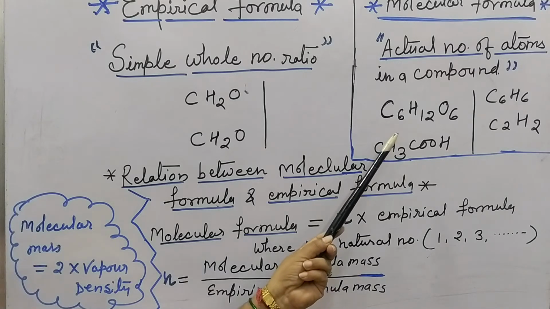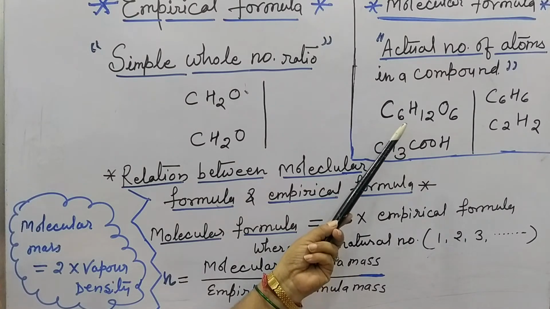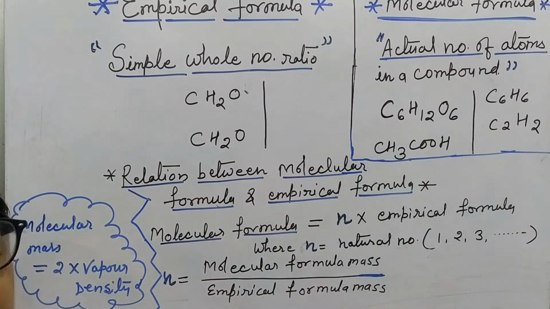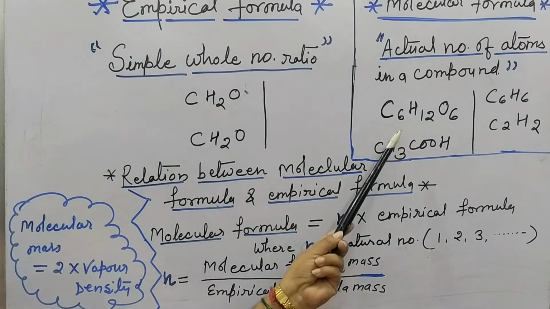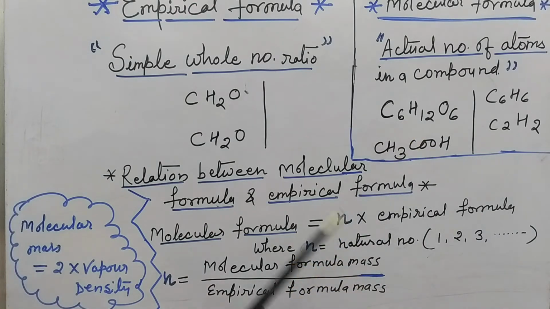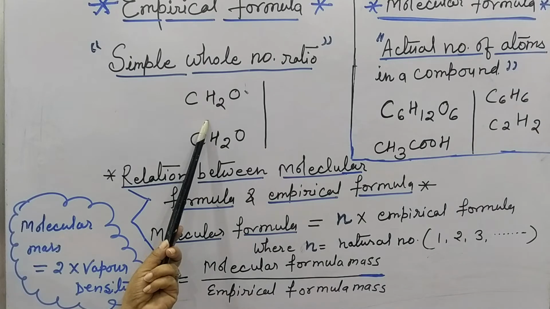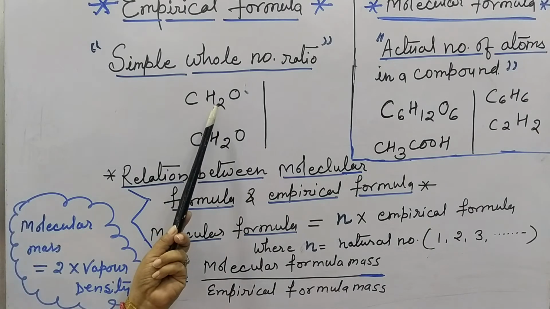Like in glucose, 6, 12, 6, all the numbers are divisible by 6. Therefore, when we divide by 6, we will get the simplest ratio. That means 1:2:1.